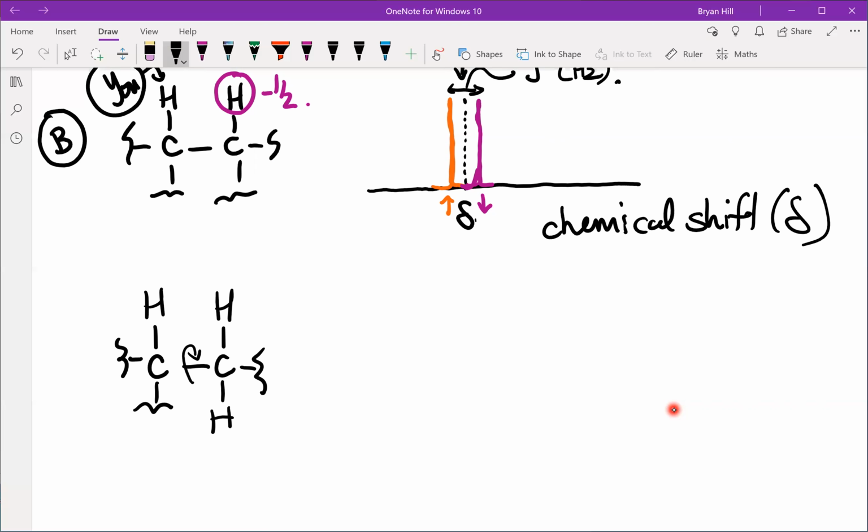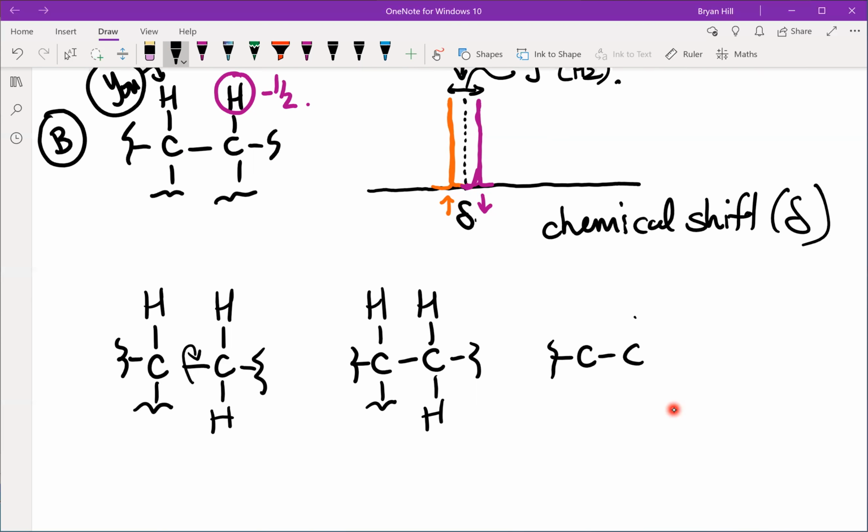Now there's a grand total of 4 different scenarios for how these protons can be aligned with the field. We're going to keep you constant, and let's write these 4 scenarios here.